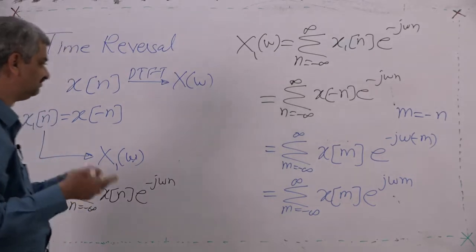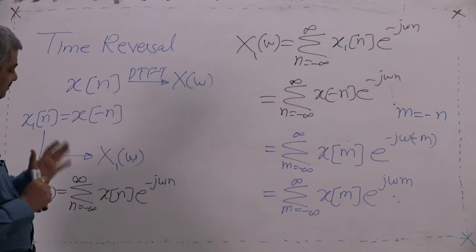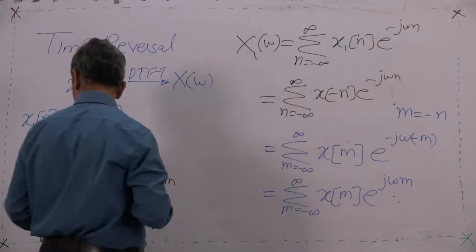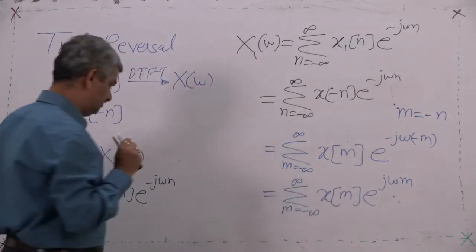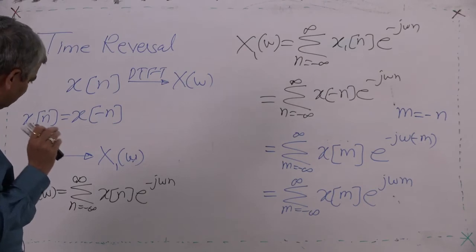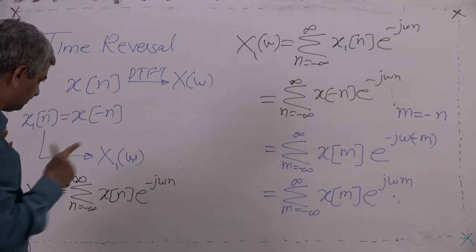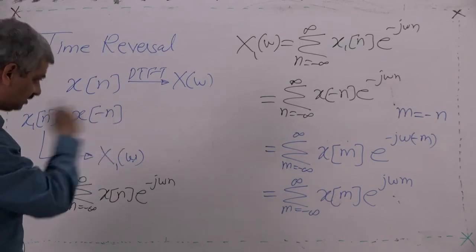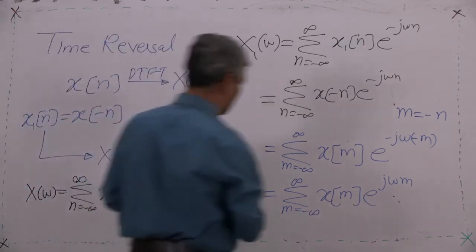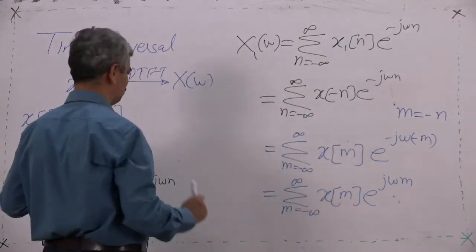So again a problem has come, because we are very conservative in the sense we know that these two things are very alike, but you do not conclude. Yes, I do agree that instead of n, m is there, wherever n is there is m, no problem, but there is a negative sign here and the negative sign is not there. So, this I cannot say is X(omega).